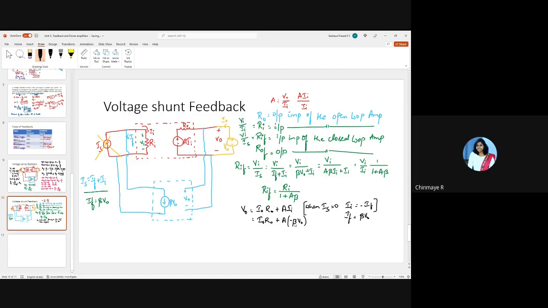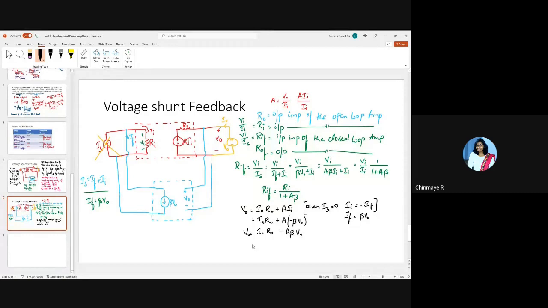I've substituted that directly. Therefore, I can write V naught is equal to I naught R naught minus A beta V naught.